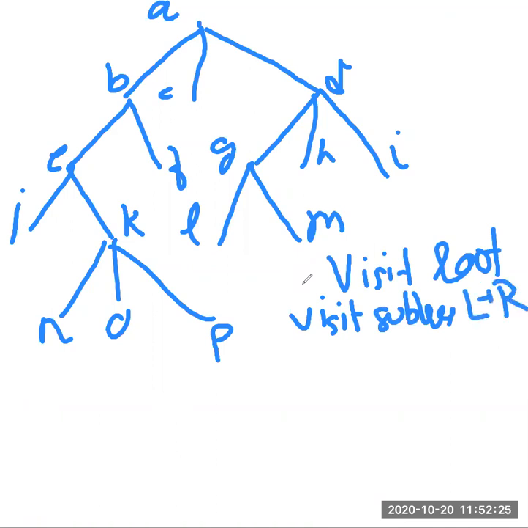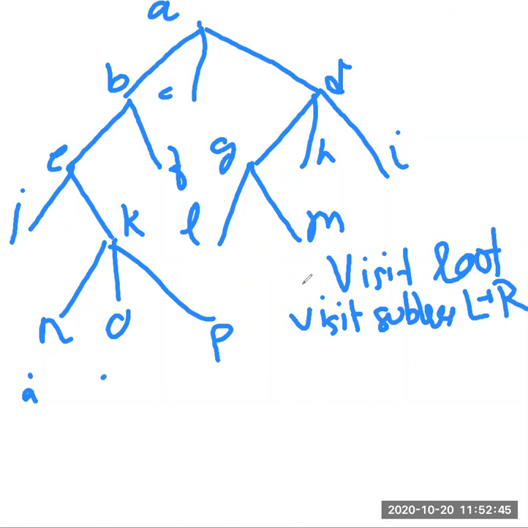Now this is a tree completely given to us. Let's understand this. Visit the root. So who is the root? A. So visit it. Now visit subtrees from left to right. Which is the first subtree of A? To understand, I'll draw it here.